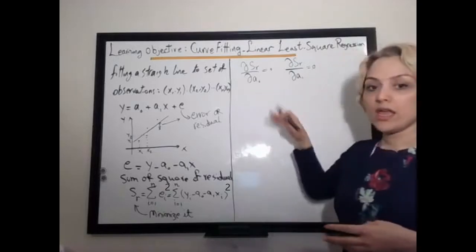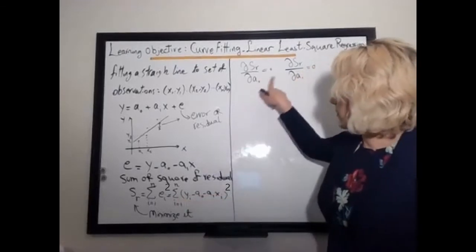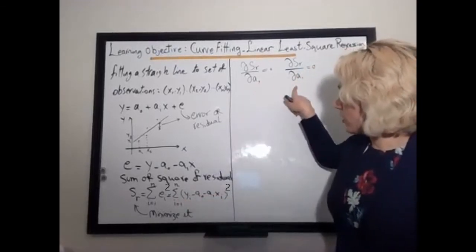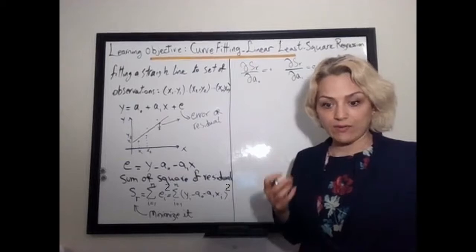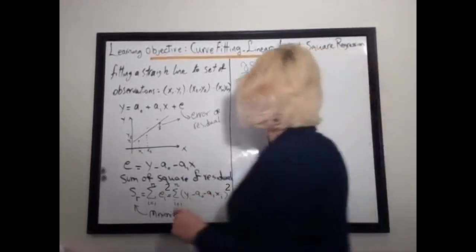So after we get the partial derivative with respect to a0 and a1, we are going to find out the value of a1 and a0. I'm going to write it down here.